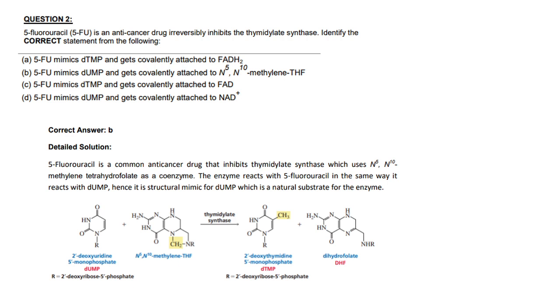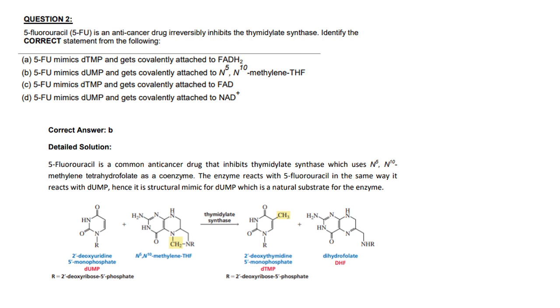So 5-fluorouracil is a common anti-cancer drug that inhibits thymidylate synthase, which uses N5,N10-methylene tetrahydrofolate as a coenzyme. The enzyme reacts with 5-fluorouracil in the same way it reacts with dUMP. Hence, it is a structural mimic of dUMP, the natural substrate for the enzyme.